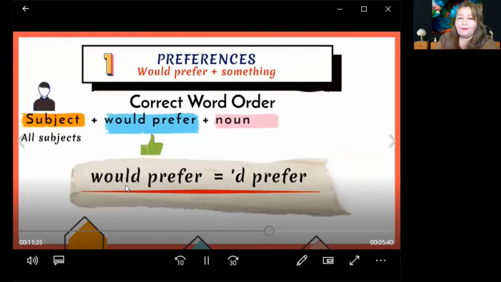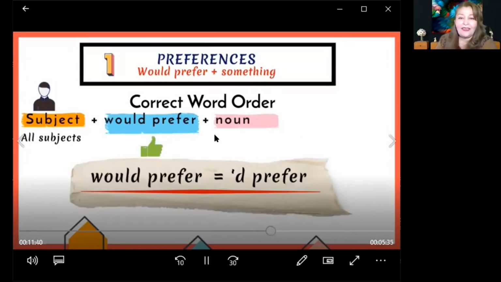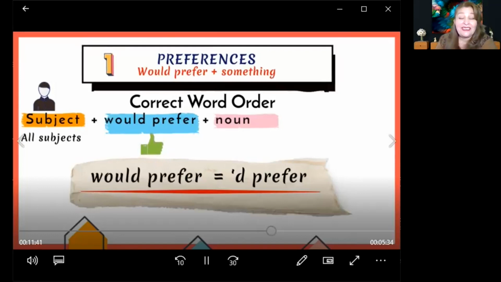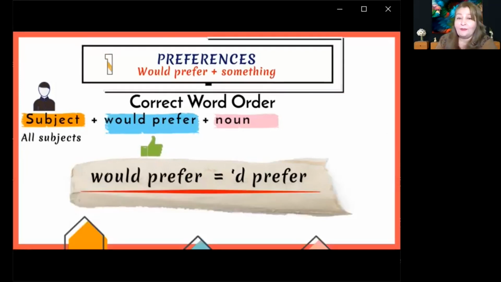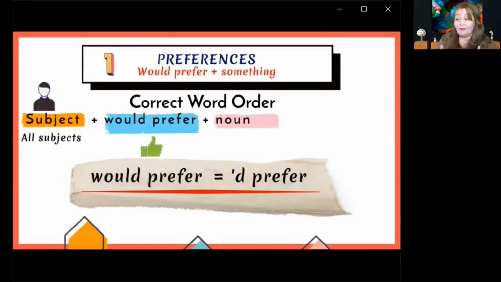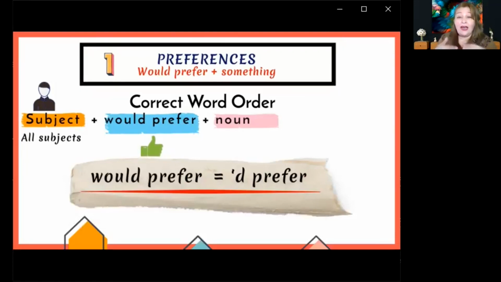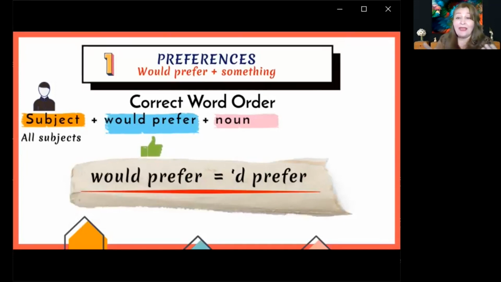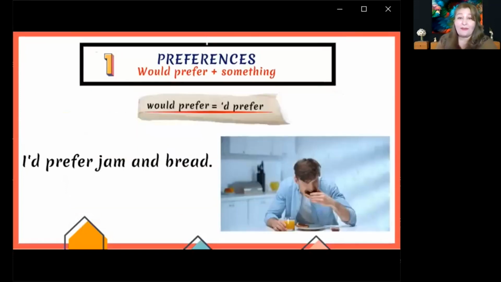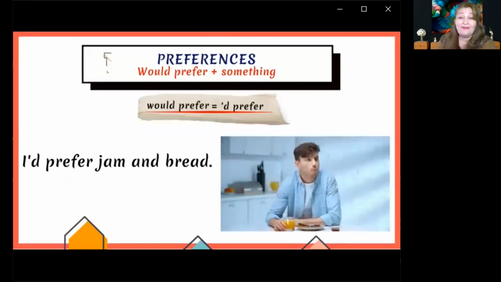Would prefer, and we can also say that I'd prefer tea or I'd prefer coffee. I generally prefer coffee, but this time, today, I prefer tea. It may be you can prefer something else because it's a specific time.